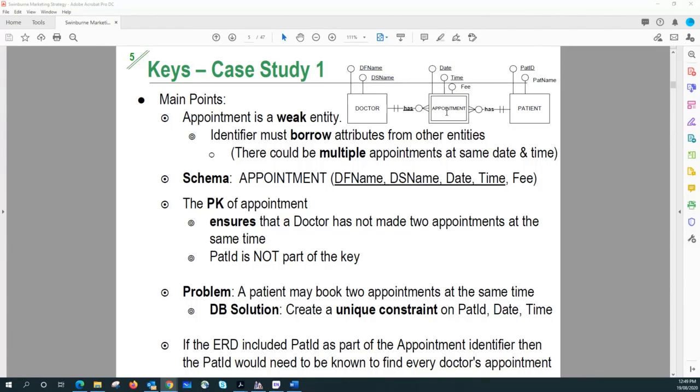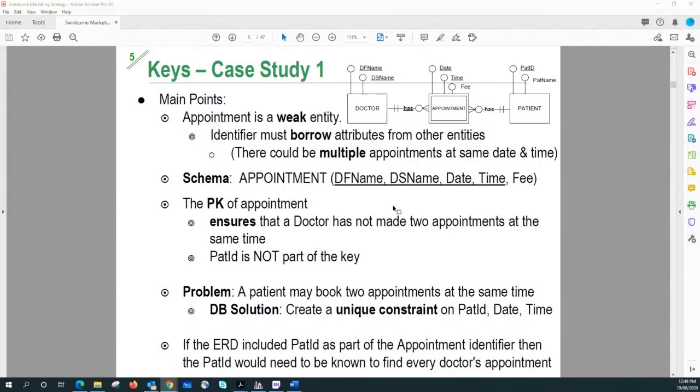So the primary key of the appointment ensures that doctors are not going to make 2 appointments at the same date, same time. That is why we take the doctor's identifier for the appointment, to make sure that no one doctor makes 2 appointments at the same date and the same time, right? But then we have a question.